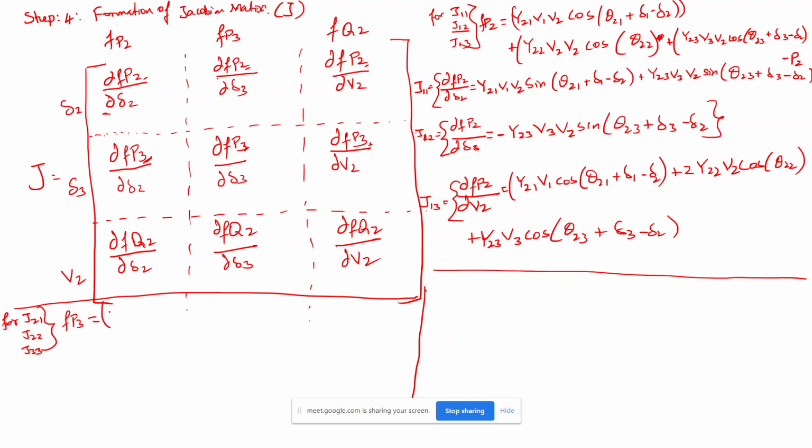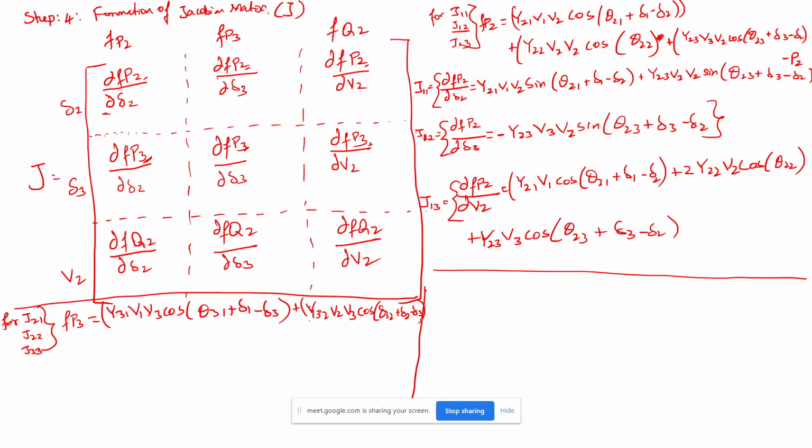Let's check how many of you have written this. FP3 is nothing but Y31 V1 V3 cos theta 31 plus del 1 minus del 3, plus Y32 V2 V3 cos theta 32 plus del 2 minus del 3.